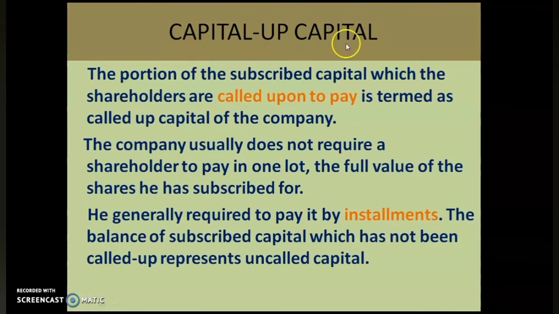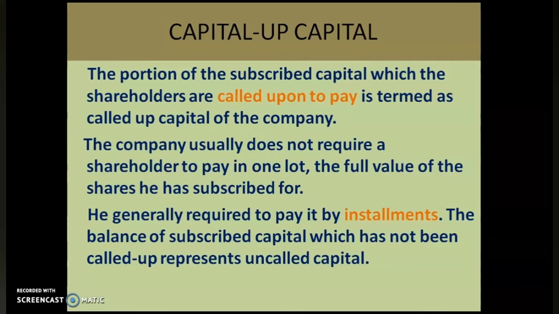Next is called up capital. The portion of subscribed capital which the shareholders are called upon to pay is termed as called up capital of the company. Children, the company has a choice. They can collect the capital from the shareholders as a lump sum in one single installment itself, or they can collect the capital in many installments.